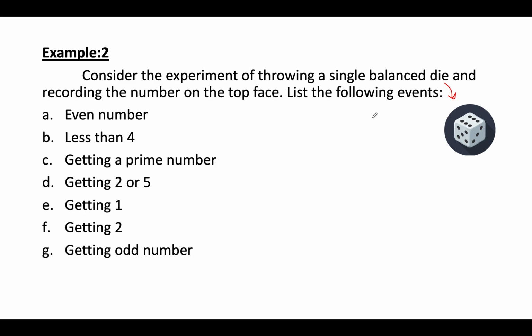Before getting those events, let's just introduce our sample space for this experiment. If I throw the balanced die, I might get 1 or 2 or 3, 4, 5 or 6. So these are the possible outcomes of the experiment.